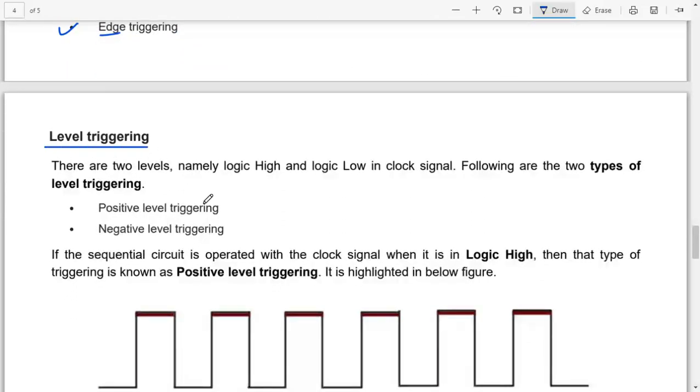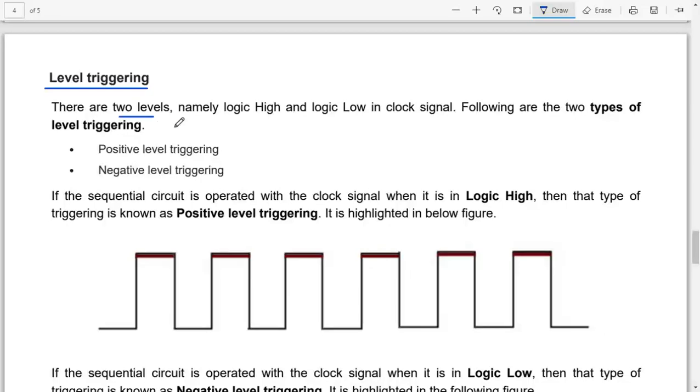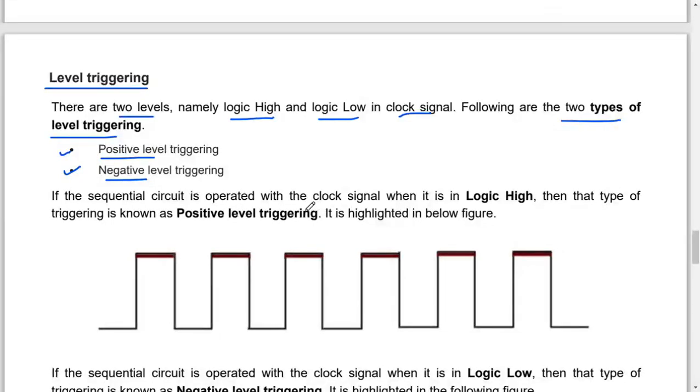Level triggering. There are two levels in a clock signal, namely logic high and logic low. The following are the two types of level triggering: positive level triggering and negative level triggering. If the sequential circuit is operated with the clock signal when it is in logic high, then the type of triggering is known as positive level triggering.